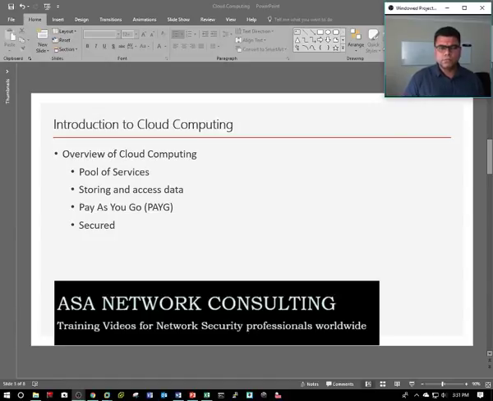So it is more secured and more safe, keeping your data safe, and it is more accessible for the customer as per the requirement. So cloud computing itself is just the name, but it's like a pool of services being offered by the vendor.